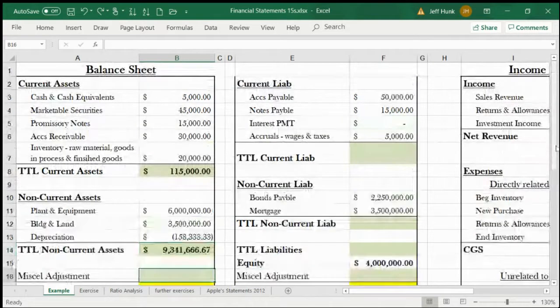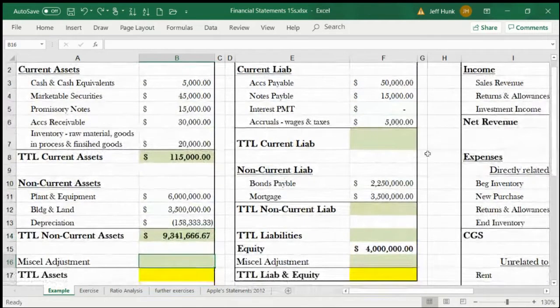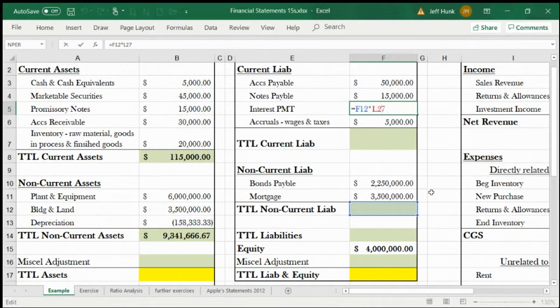So here, let's see if it's going to balance out or not. So once again, here we have the interest payment, which will automatically appear when we get this.